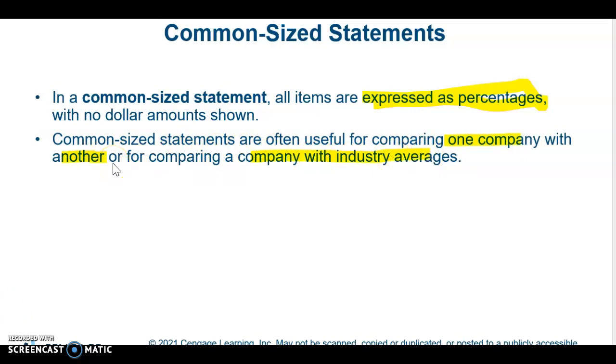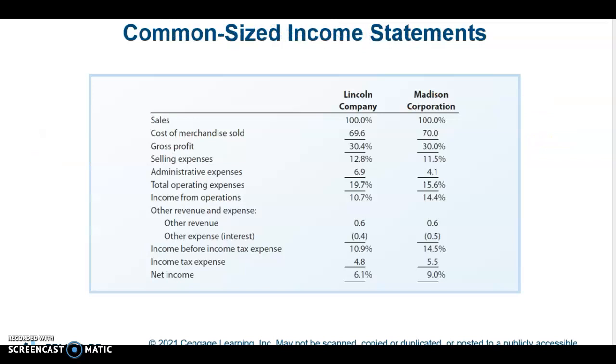A benefit to common size statements is you can compare two different companies that may be totally different in size. So instead of looking at numbers, we can look at percentages to compare them to see how well they're operating.